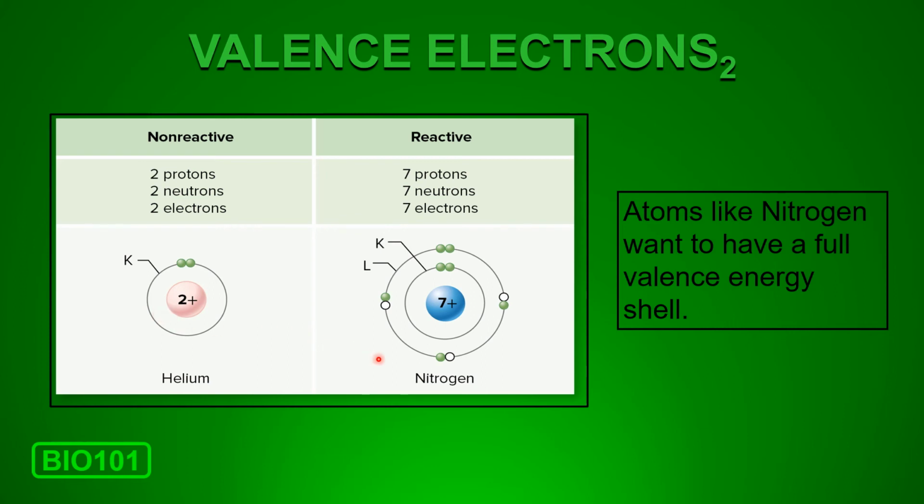Now look at nitrogen over here, right? 7 protons. That means 7 electrons. Energy level K, we have our 2 electrons. Remember, that's the maximum number that K can hold. And then everything else moves out accordingly. And so 7 minus 2 is 5, so we have 5 to deal with.